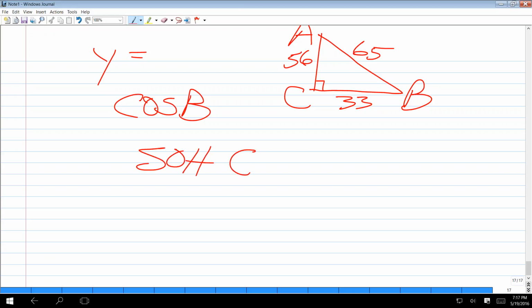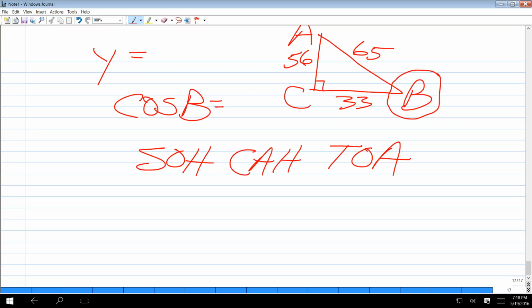So the cosine of B. Here's the most important thing you can remember about trig: SOHCAHTOA. So what is the cosine of B equal to? It's the adjacent side. 56?